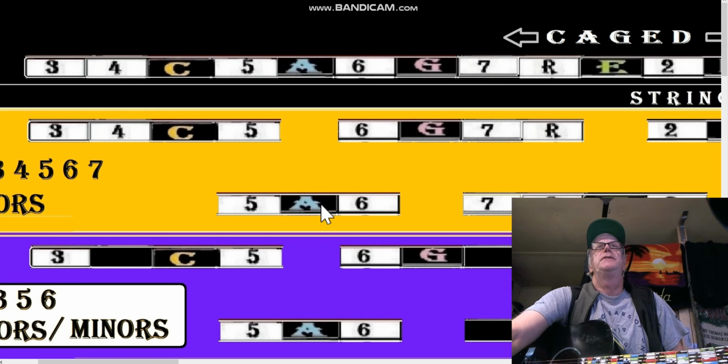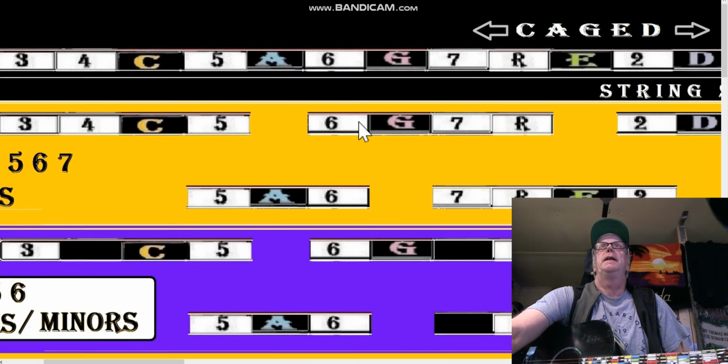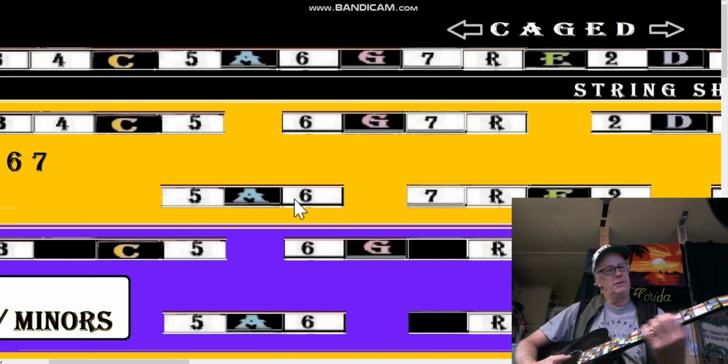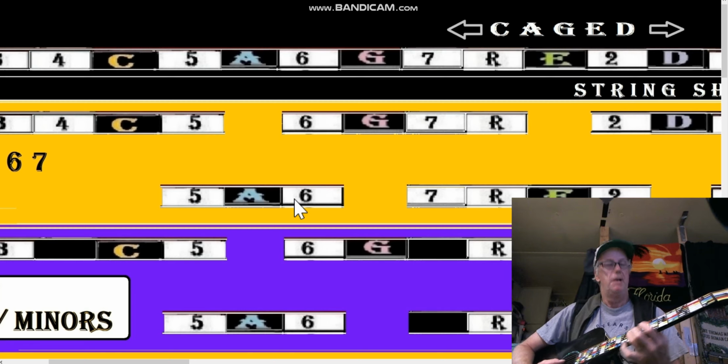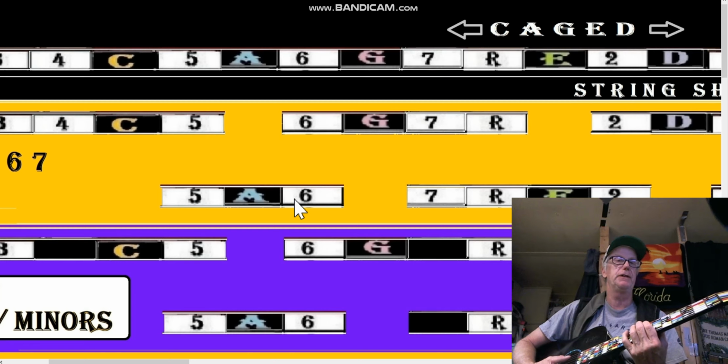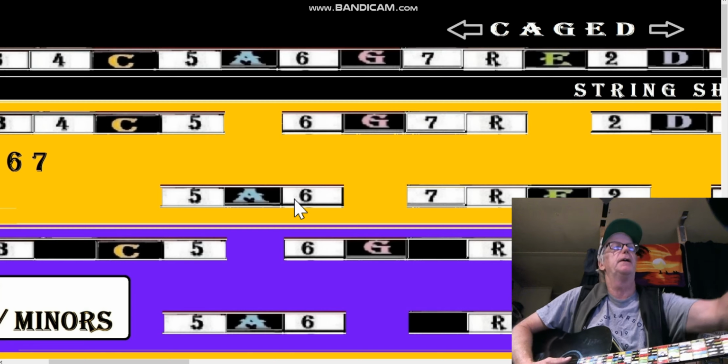Then the A cage is intertwangled with it, and the A string shape is the bottom of the A cage. But the A shape, if we start from the bottom, is no longer a Phrygian, it's a Mixolydian scale.